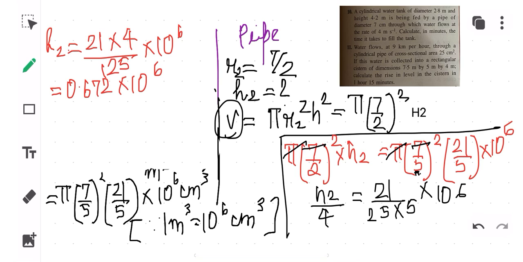This we had taken in centimeters. If you open the brackets, how much is this going to be? This is 672 into 10 raised to 4 centimeters.